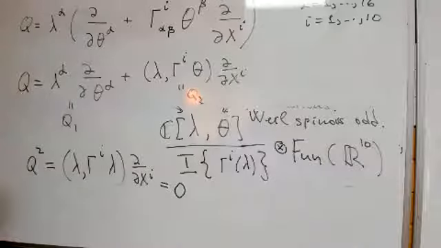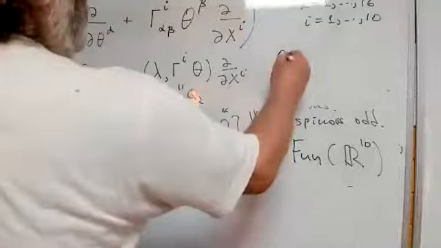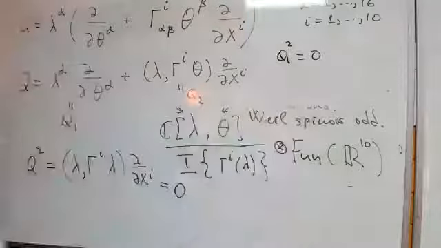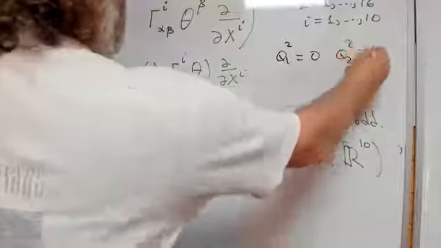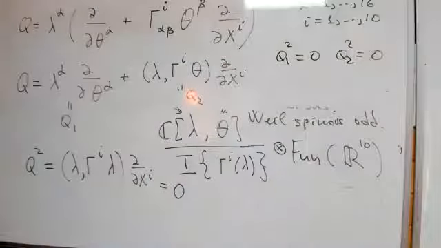So from the point of view of Q, if I consider this decomposition, it is clear that Q1 squares to 0 is obvious. Q2 squares to 0 is also obvious, nothing to commute.